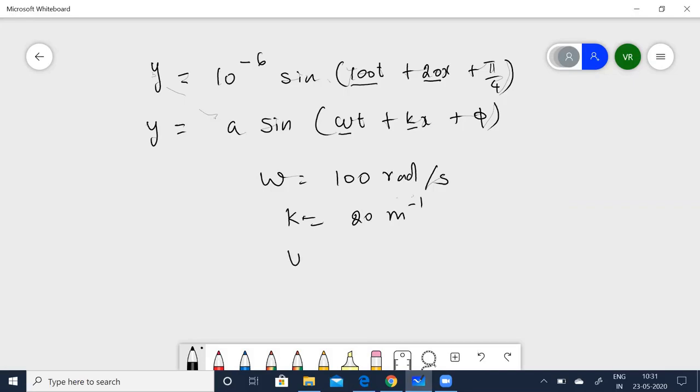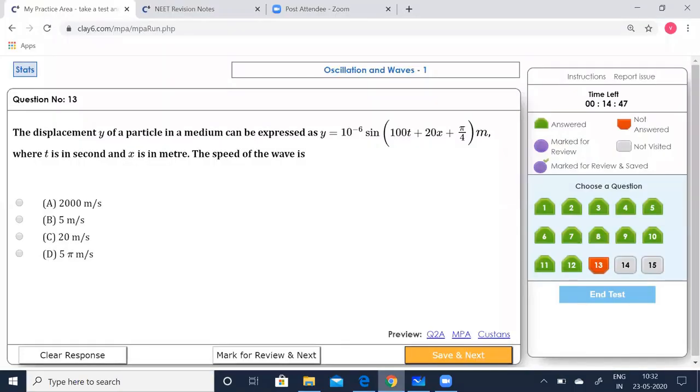And v is equal to omega by k, which is 100 by 20, which is equal to 5 meters per second. Let's see which option is correct. 5 meters per second. Yeah. Save that, go to the next.